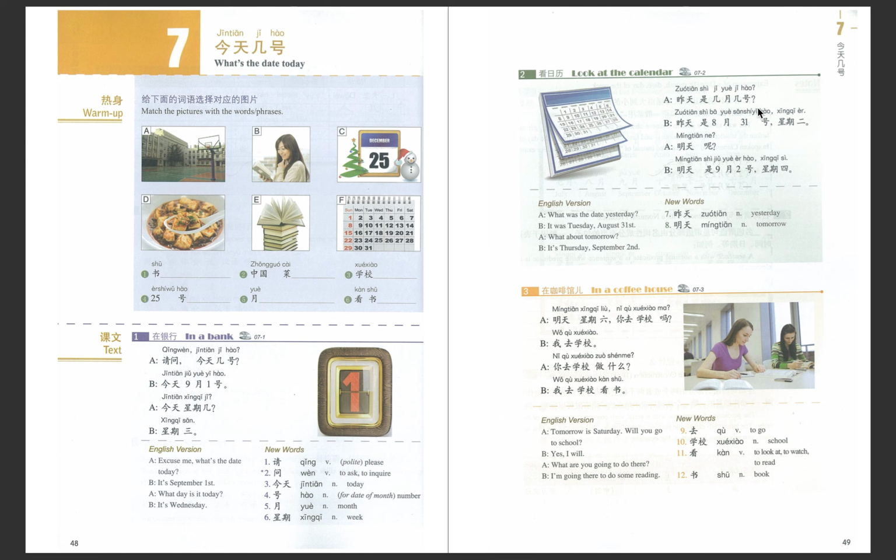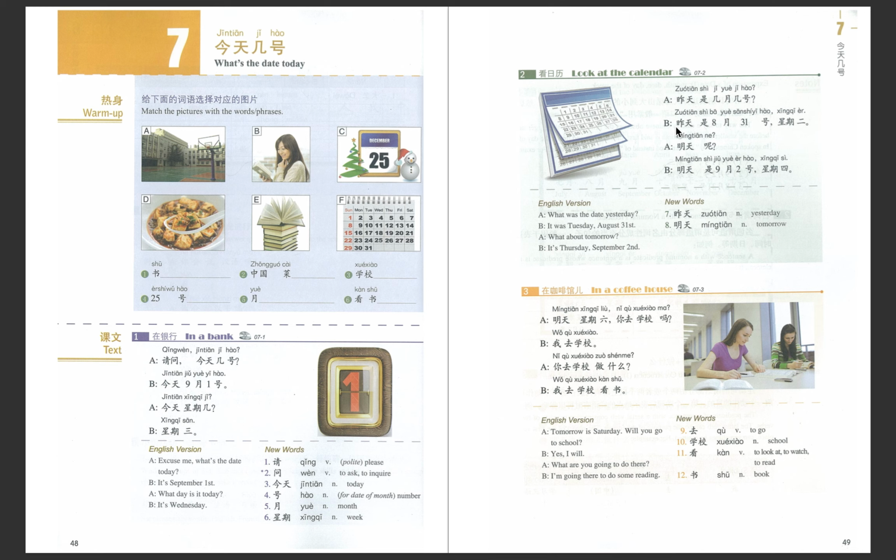You always use an adverb to indicate the timing. 几月, how many, 月 month. So which month? 几号, which number? So it's asking which month and what was the date yesterday.